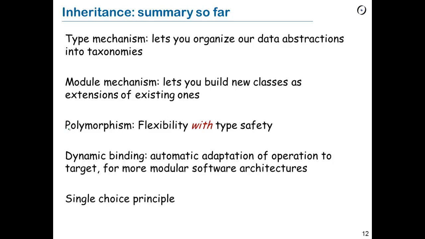We have seen inheritance as a type and module mechanism. As a type mechanism, it lets us organize our data abstractions into taxonomies. As a module mechanism, it's a form of reuse, which enables us to build new classes as extensions of existing ones, but also as adaptations. It's not just reusing something as it is, which is what we do with the client relation, but reusing and adapting it.